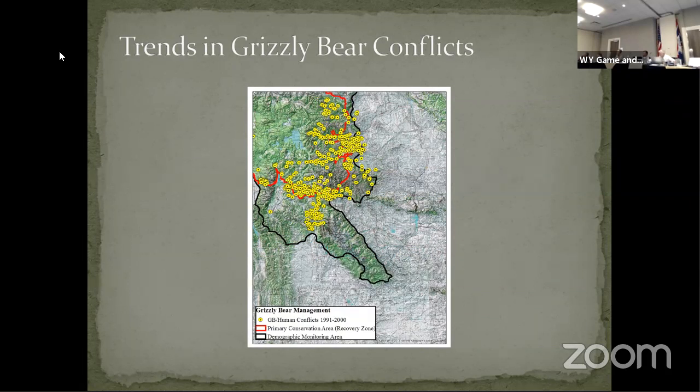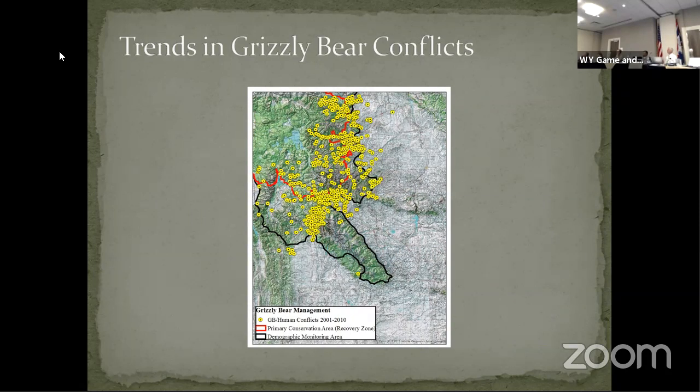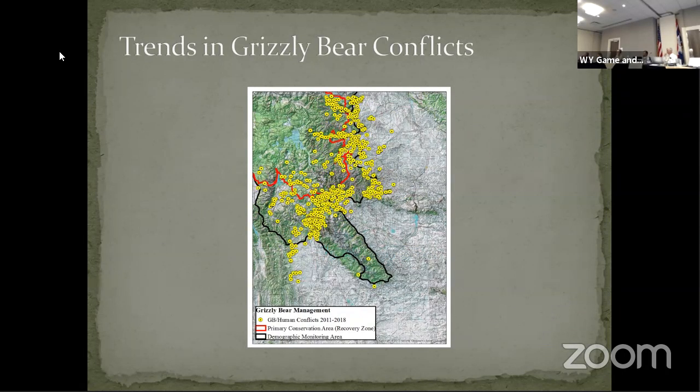And then the next decade, 91 to 2000, 2001 to 2010, and basically, here to present. So the distribution of those conflicts, as you can see, is increasing eastward and southward as grizzly bears move in that direction. And we're not seeing a decrease in conflicts in the core.